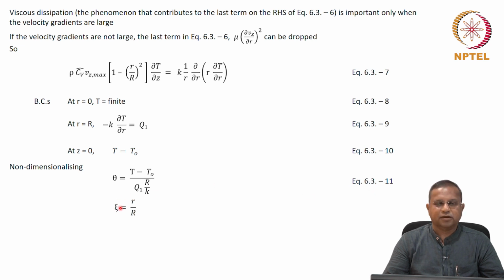A xi variable, R by R, equation 6.3-12, and let's call it psi, Zk divided by rho Cp hat Vz max R squared. This is a xi, this is a psi. This is equation 6.3-13.